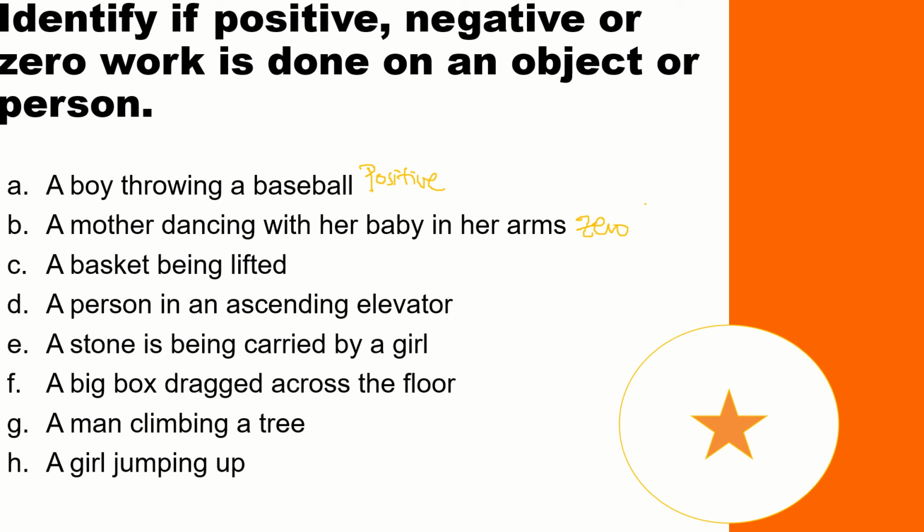A basket being lifted. So, if the basket is being lifted, it's going upward, so the force is also going upward. We can call this positive work as well. Next, a person on an ascending elevator. Ang nakalagay po dyan ay work done by the elevator.